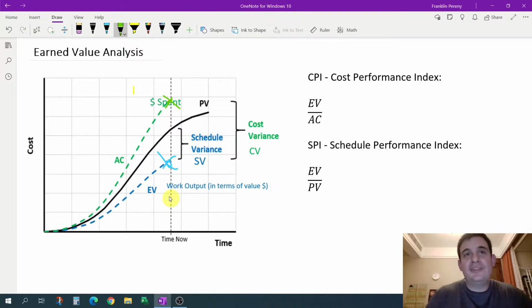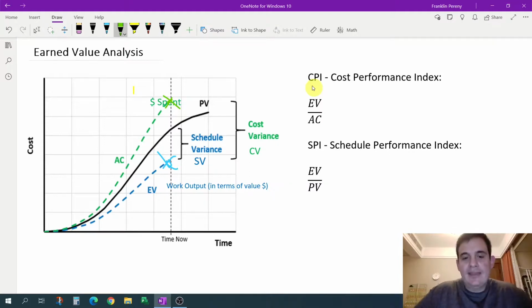That means your project is off by a factor of 4. You're spending 4 times as much money on your project as what your plan said you should be. So your CPI would be, in that case, the inverse. It would be 0.25. It's kind of like an efficiency. You're only 25% efficient from a cost perspective, if you want to think of it that way.